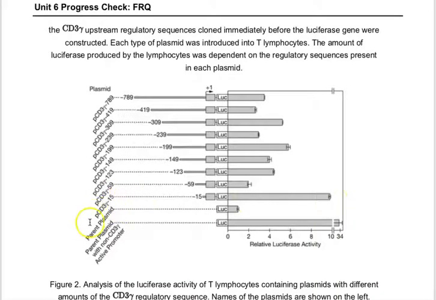That tells you that this one is going to be the regulatory sequence that contains the least inhibitory or negative regulatory sequences. They can contain positive and negative.